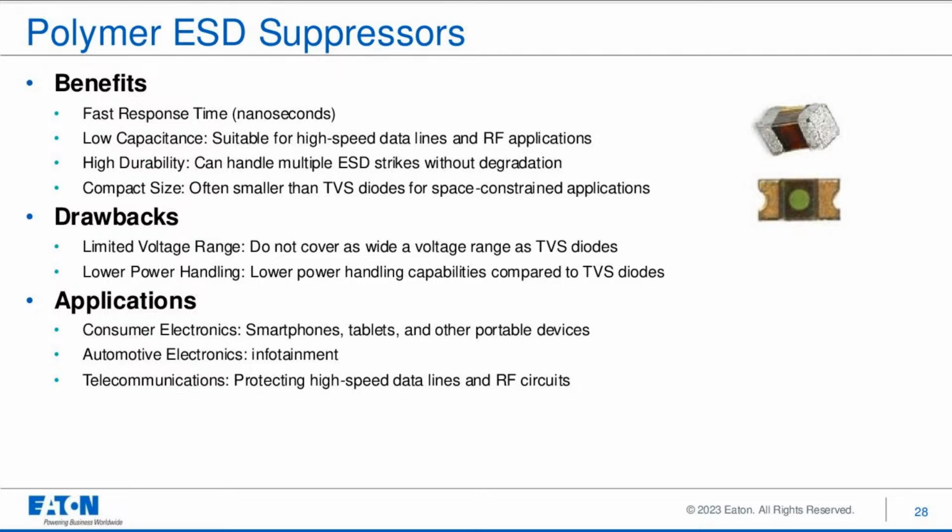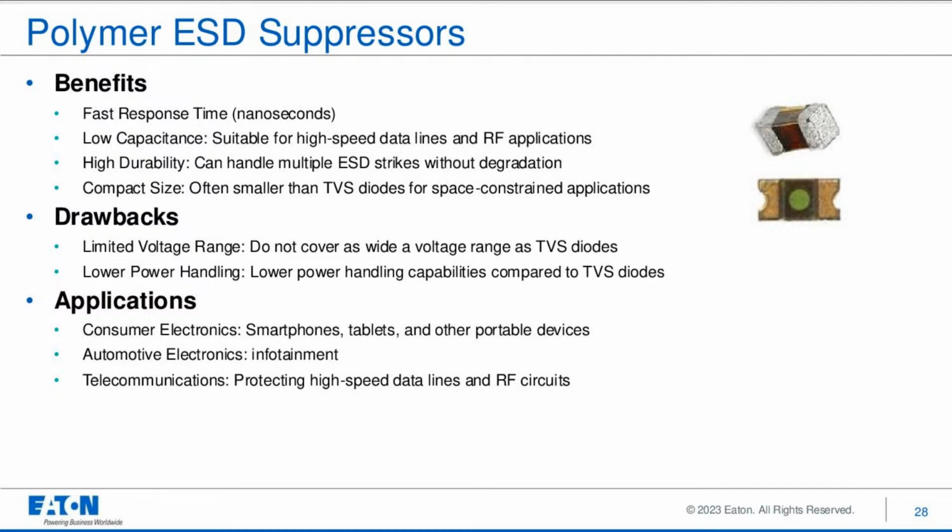When ultra-low capacitance and the smallest form factor is needed, polymer ESD suppressors have the advantage over TVS diodes and MLVs. Polymer ESDs are made from a polymer voltage variable material construction that creates an ultra-low capacitance of 0.05 picofarads, which minimizes impact on high-frequency signals.